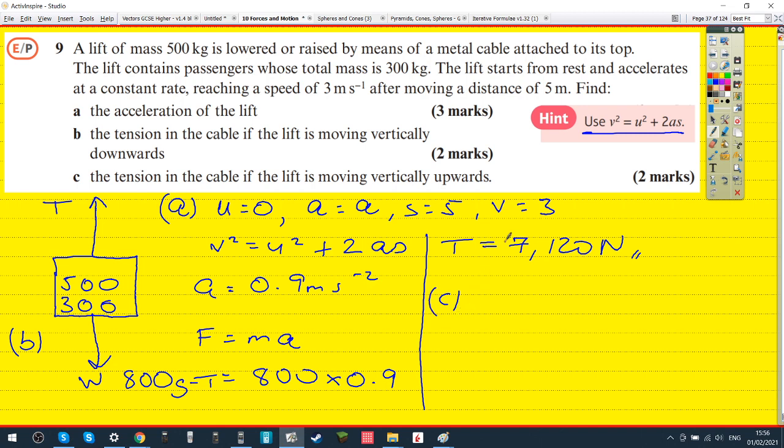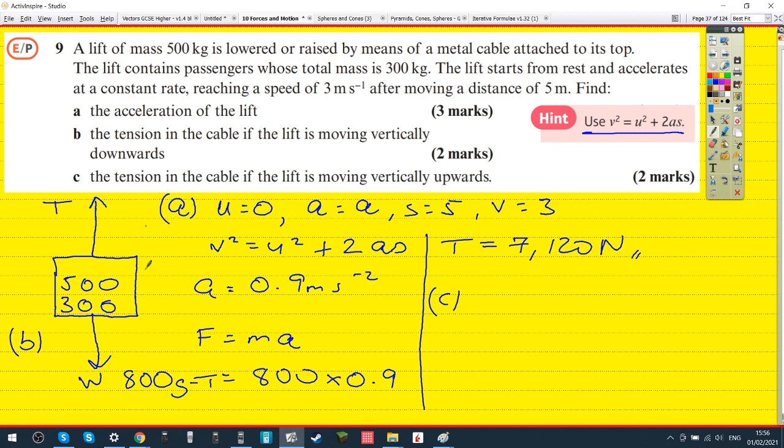The tension in the cable if it's moving vertically upwards. Do I now make 0.9 negative? I don't think we have to.